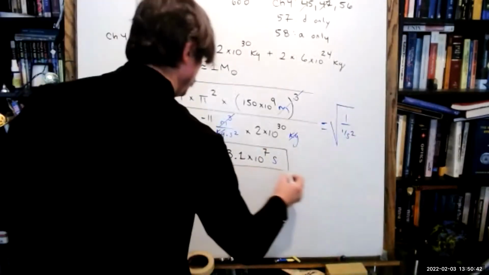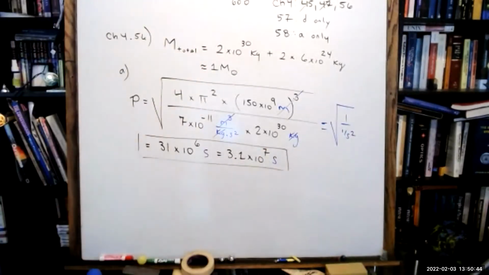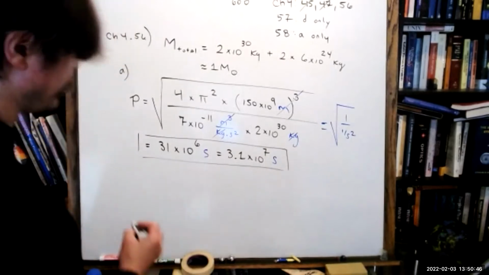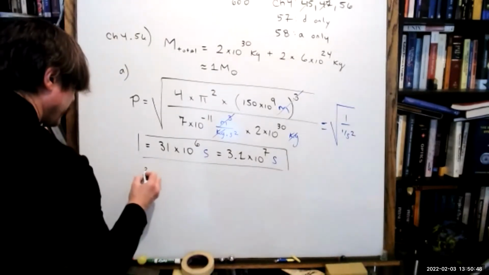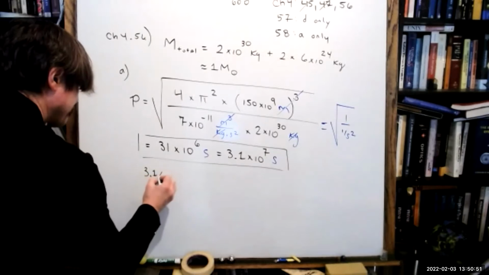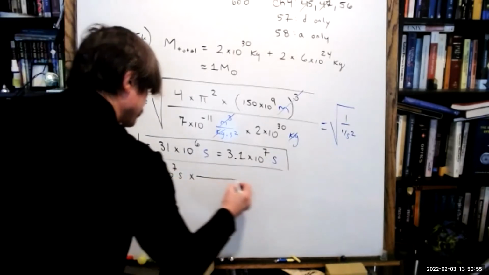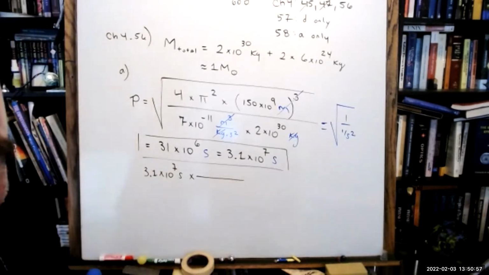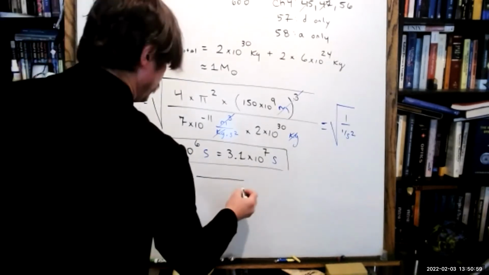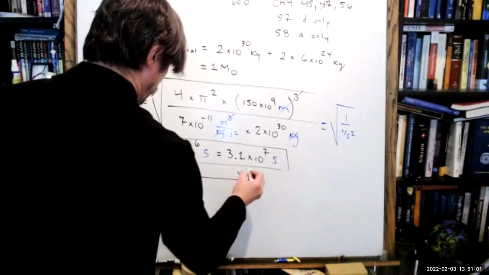However, to understand what the answer means, let's convert this to years. 3.1 times 10 to the 7 seconds. In your previous lectures, I gave you a conversion factor from seconds to years. Do you remember what that was?